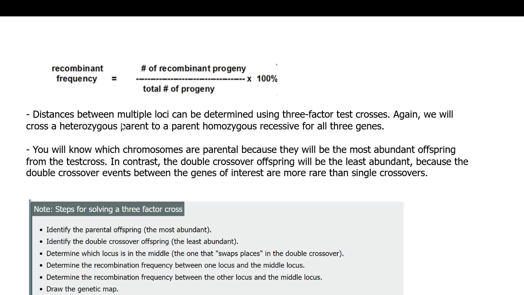Some important points while solving this kind of recombinant frequency question. Distance between multiple loci can be determined using three-factor test crosses. Why am I talking about these three-factor test crosses?